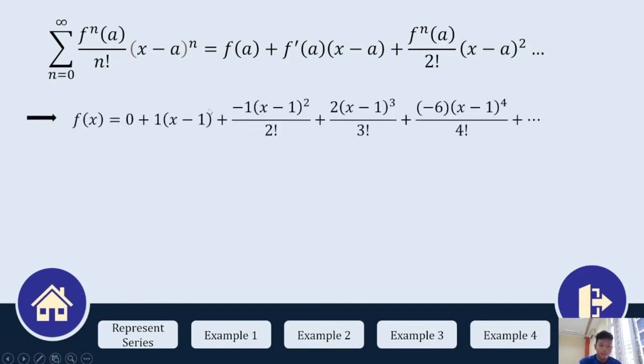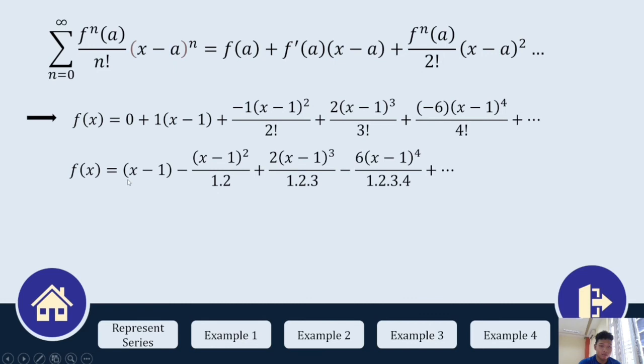So we plug the values in, do the calculation, and we get f of x equal to (x minus 1) minus (x minus 1) to the power of 2 over 1 times 2, plus 2 times (x minus 1) to the power of 3 over 1 times 2 times 3, minus 6 times (x minus 1) to the power of 4 over 1 times 2 times 3 times 4, plus and so on.